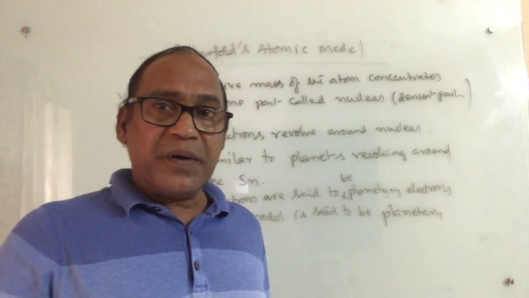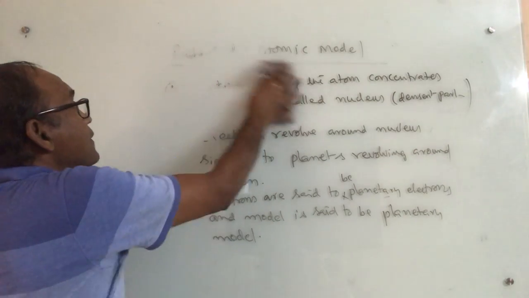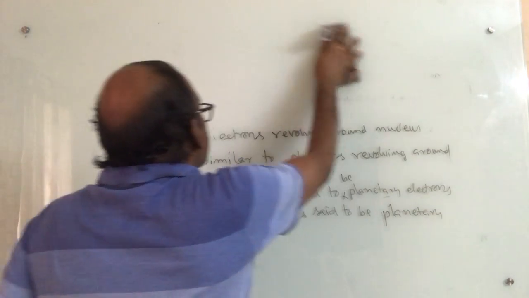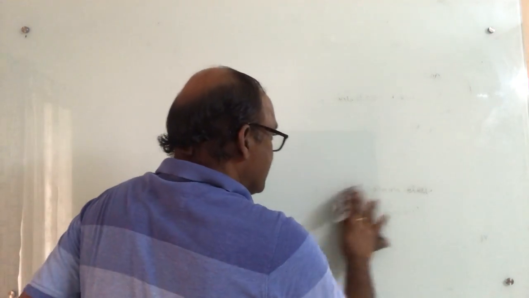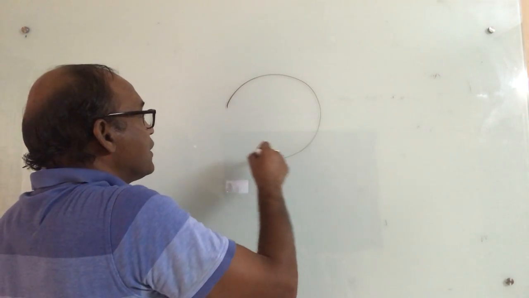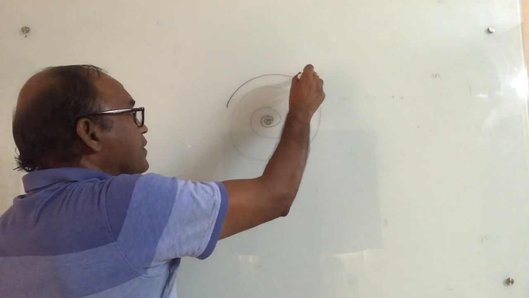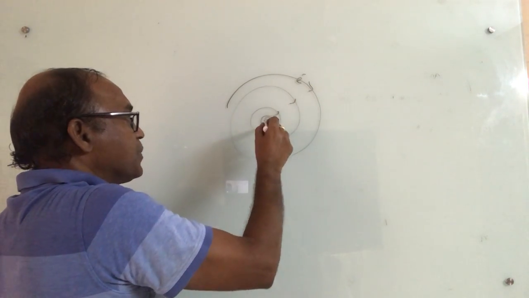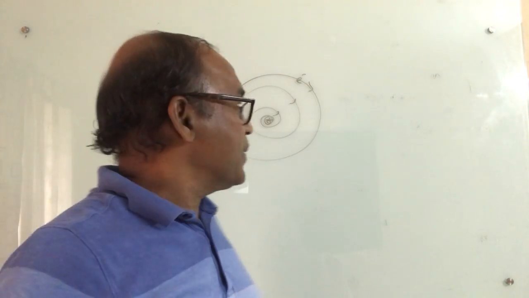When a charged particle revolves around an oppositely charged particle, it undergoes acceleration. This is what we expect from electrodynamics.